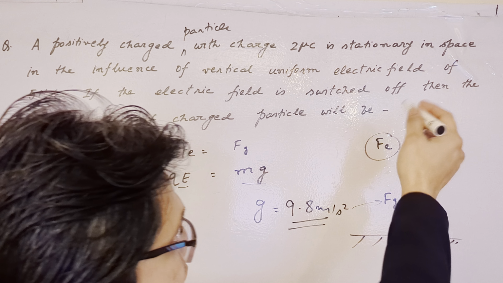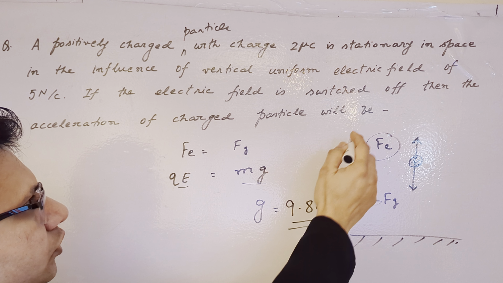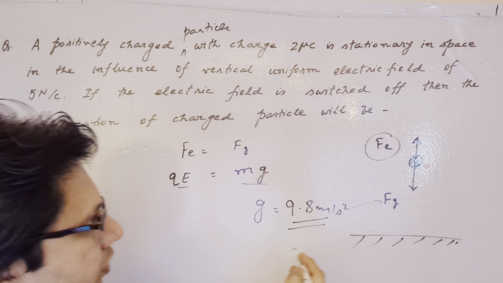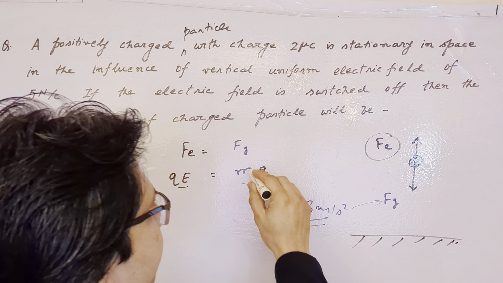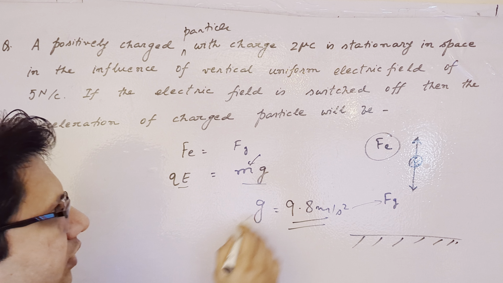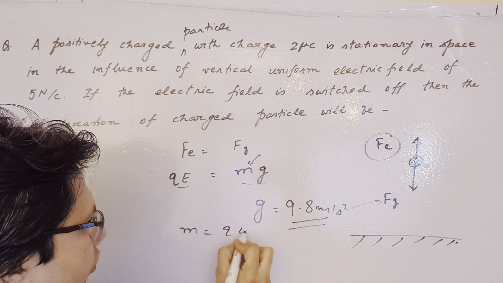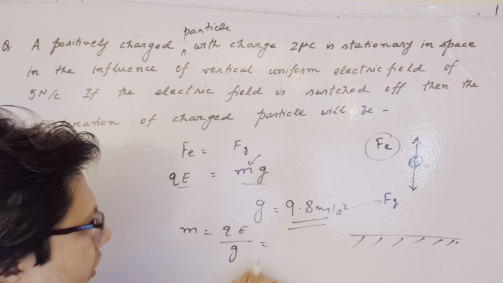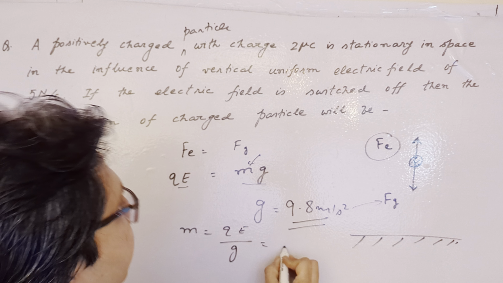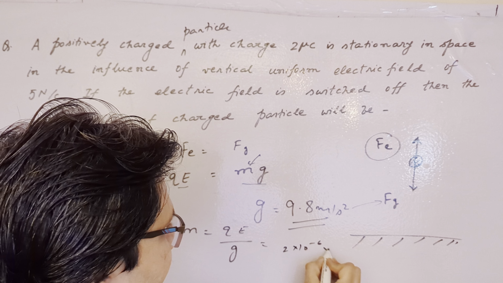Now suppose in this problem, instead of the acceleration, we had to calculate the mass. Then the problem can be solved like this: mass is equal to QE upon g, where the value of Q is given as 2 microcoulomb, which is 2 into 10 to the power minus 6.